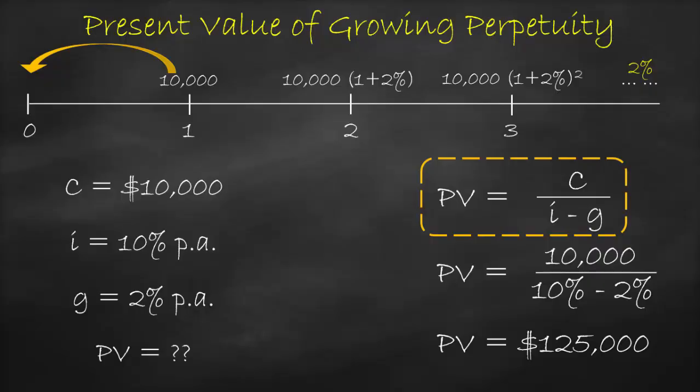Therefore, our first cash flow starts in year 1. The present value we calculated here will be 1 year before, so it will be in year 0, which is $125,000. Therefore, remember that the present value of perpetuity, either ordinary or growing, will be 1 period before my first cash flow.